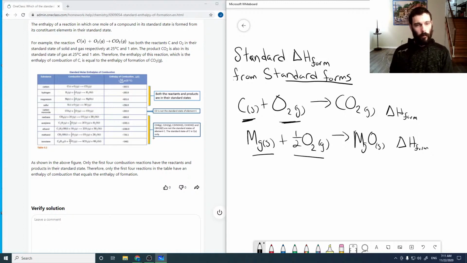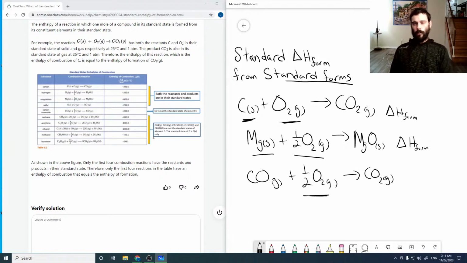But going further down the table, we have like CO gas plus 1/2 oxygen goes to CO2. So oxygen's in its standard form, but this isn't the standard form for carbon, and so this is not a delta H of formation.